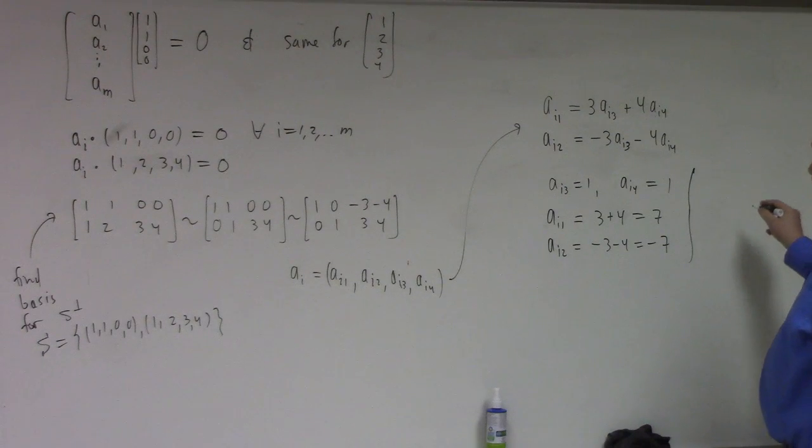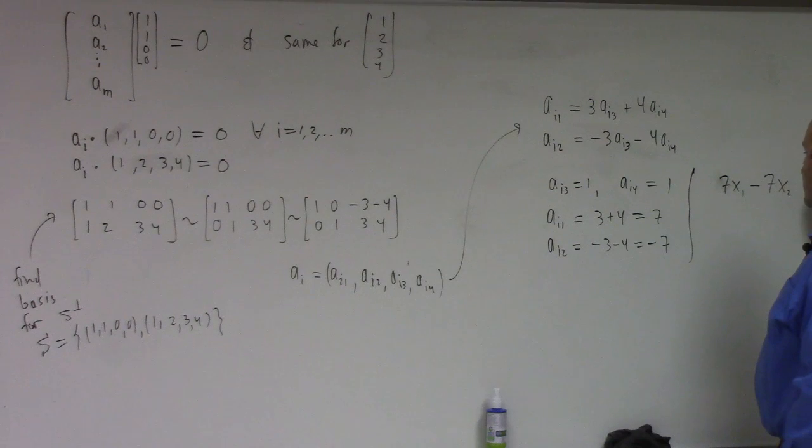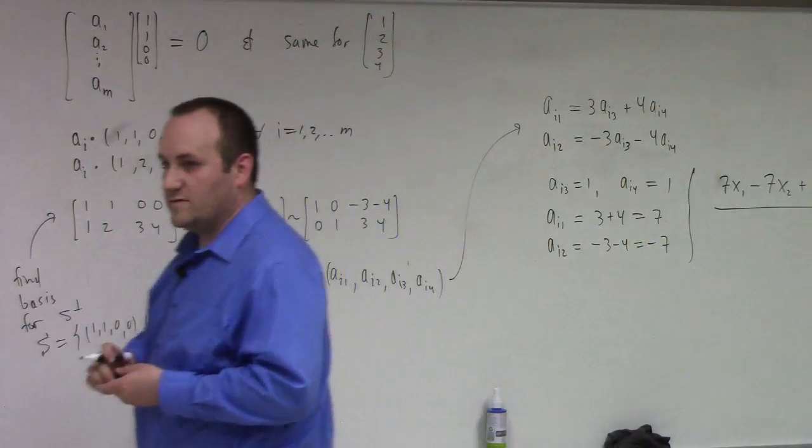In total, we get something like 7x1 minus 7x2 plus x3 plus x4 equals 0. This equation has these two as solutions.